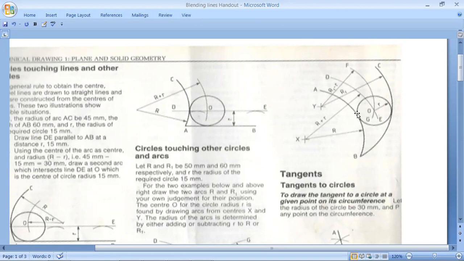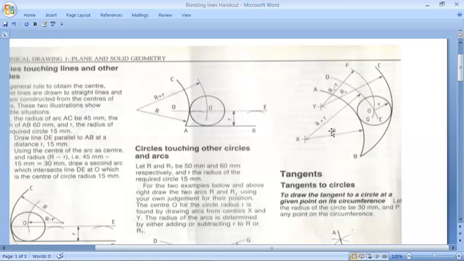These are one circle. Follow this way, and look at the other circle. This circle will be inside the other circle. This circle here, circle AB, is inside the circle BC. And you want to draw a circle touching the two of them.